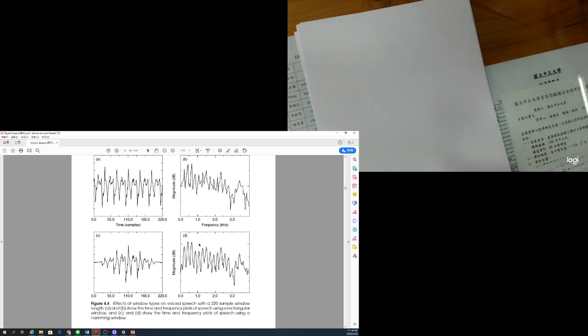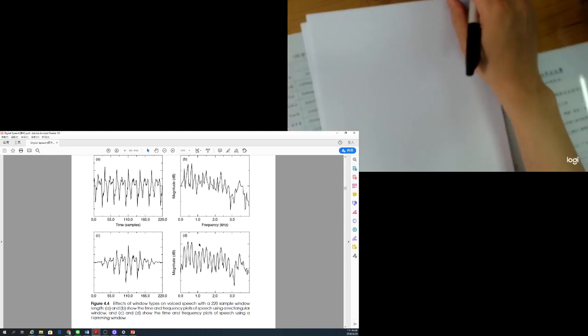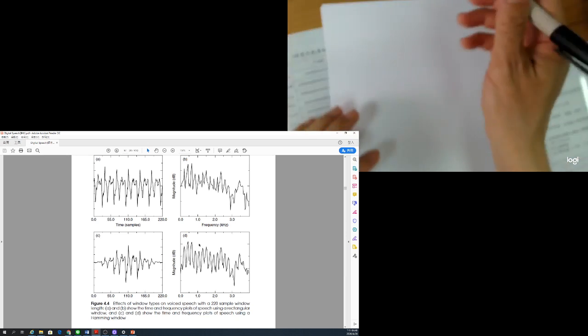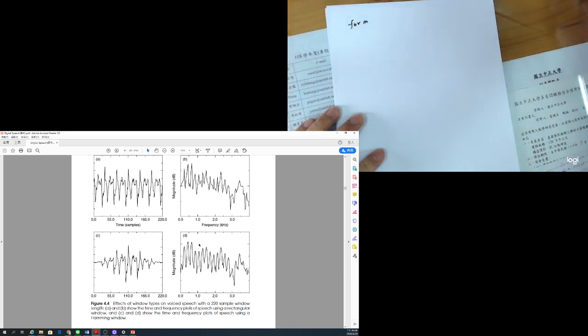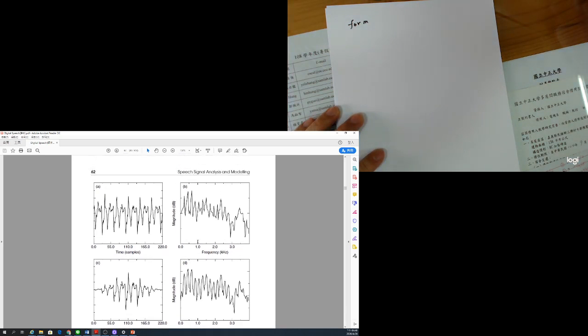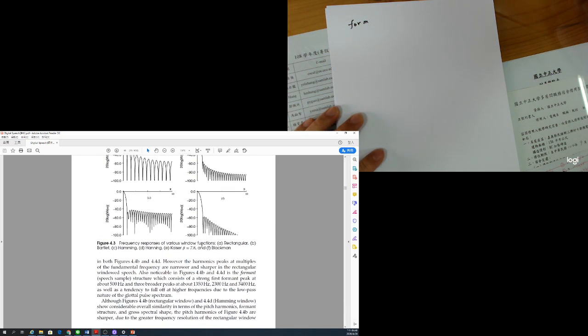What is the formant? I will show you how the formant is defined. In the paper, they talk about the formant here: harmonic peaks at multiples of the fundamental frequency. However, the harmonic peaks at multiples of the fundamental frequency are narrow and sharp in the rectangular window speech.